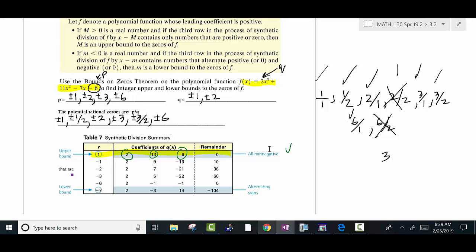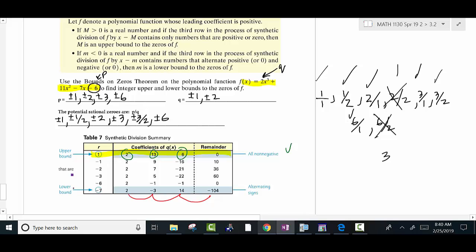So if you went through and did these divisions here, if you did -7, which is not a part of this list, but we just decided to take one lower than -6, the signs alternate. So we go plus, minus, plus, minus, like that. So if the signs alternate, like this with sign changes, then it's a lower bound, like that. Okay, that's how that goes.